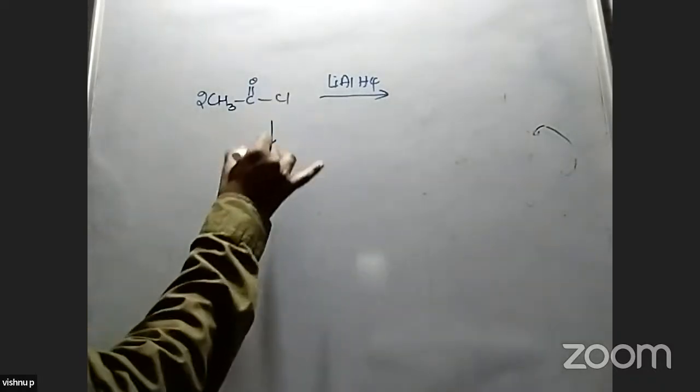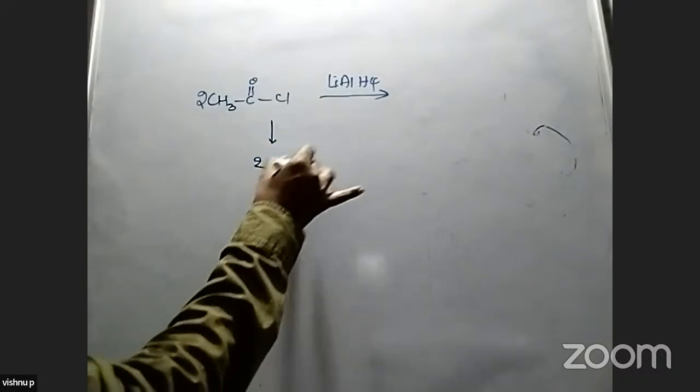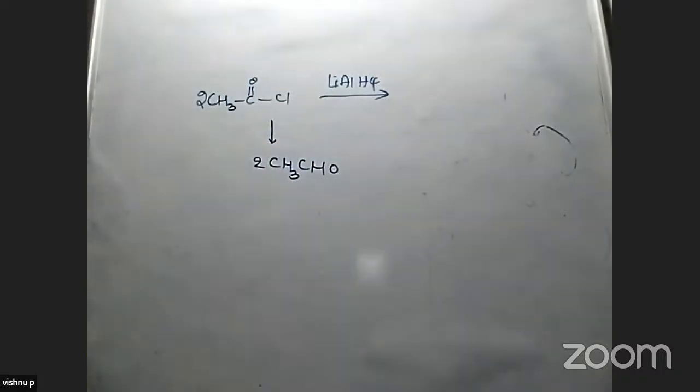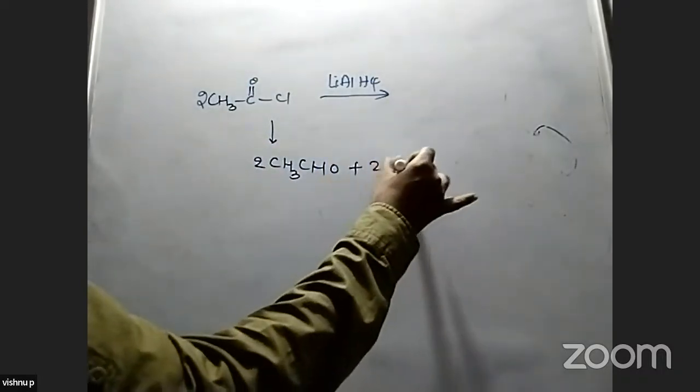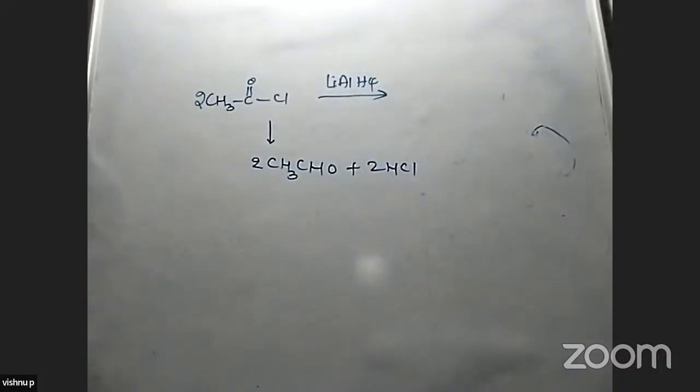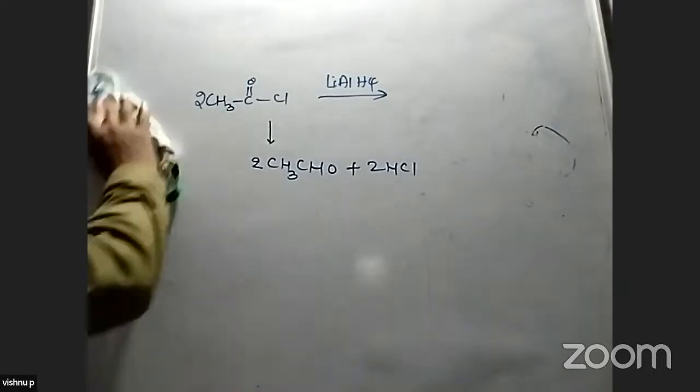So in this reaction we get CH3CHO with HCl. So this acyl halide is converted into aldehyde in presence of lithium aluminum hydride. So lithium aluminum hydride is also used in this preparation method.